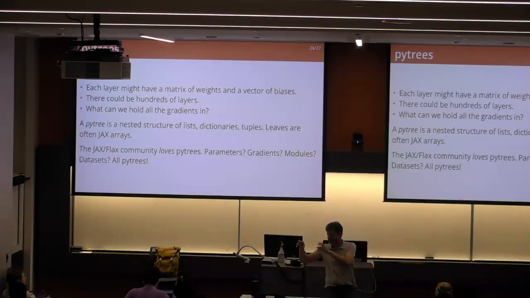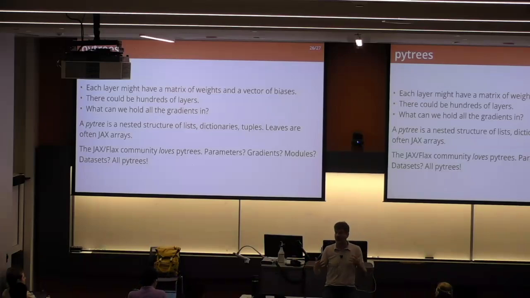You've got a vector of gradients for this bias part, and this bias part, and this bias part. You need to make sure they all go to the right place. So it turned out that this data structure they needed over and over again. And so they created the pytree.